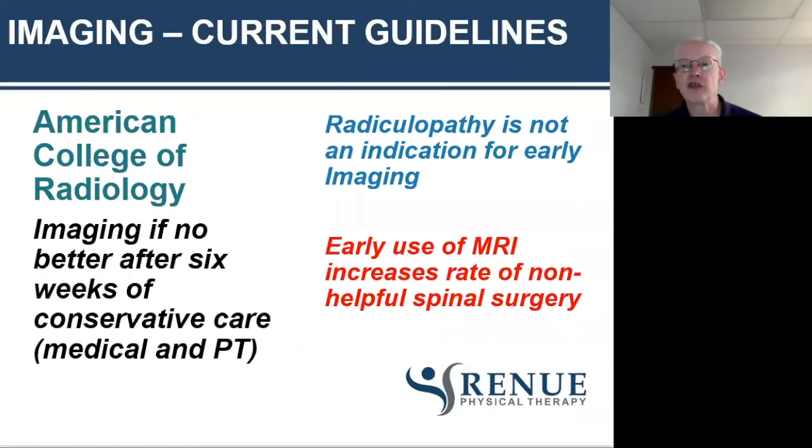Sciatic conditions, neuropathy conditions can heal. So if you take an MRI, it may show a problem, but that doesn't necessarily mean, oh my gosh, we got to surgically correct it. So again, it's not a perfect system, and people need to be aware of their options and their limitations.